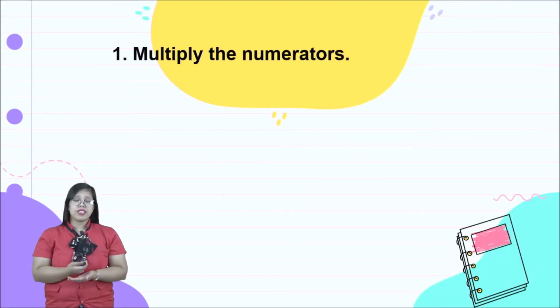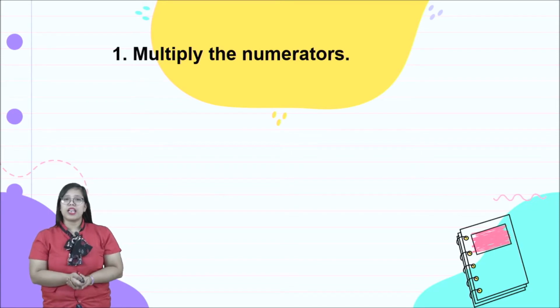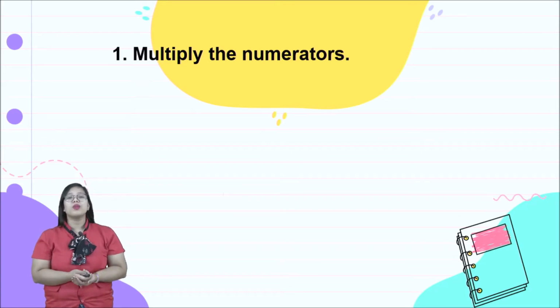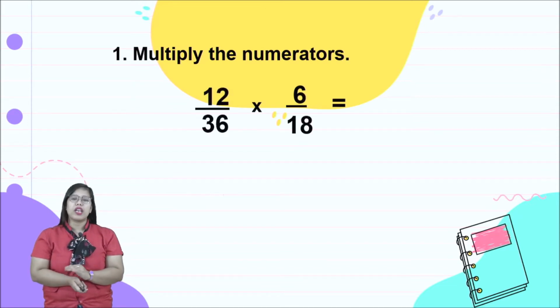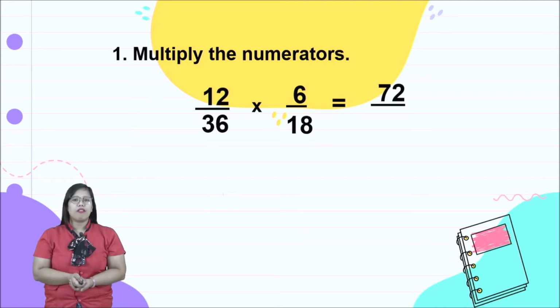The first step is we need to multiply the numerators. Again, kids, numerators are the numbers above the line. We have the given of 12 over 36 times 6 over 18. On our given, the numerators are 12 and 6, and 12 times 6 is 72.